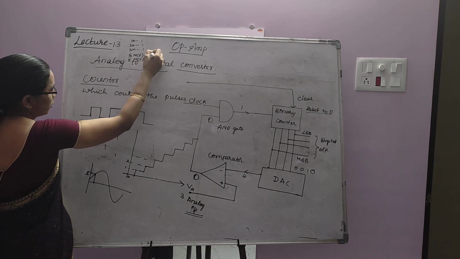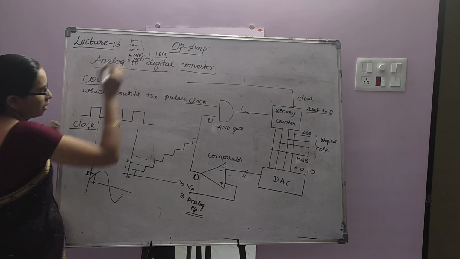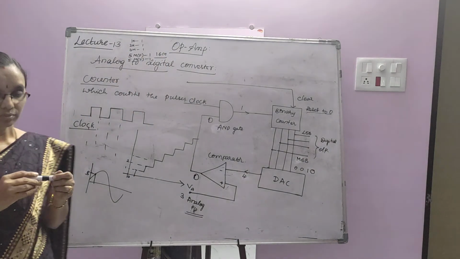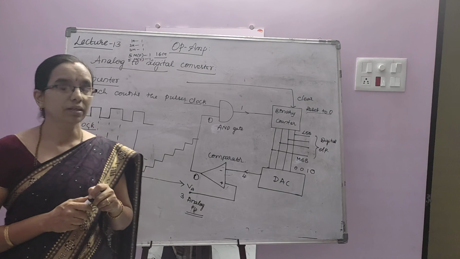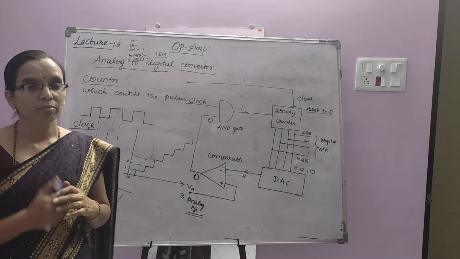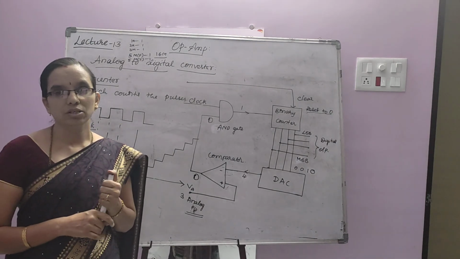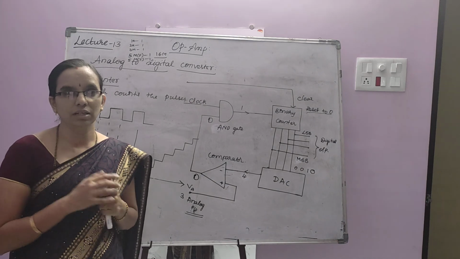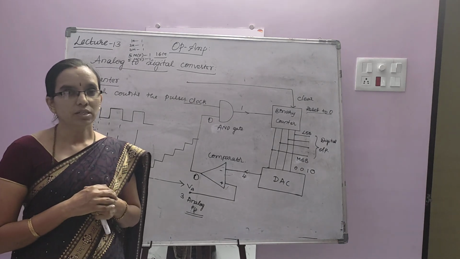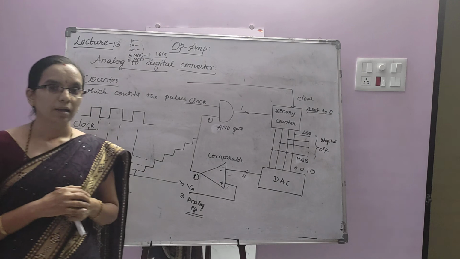So 10 plus 6, 16 marks of questions will be asked in the revised question paper, and from all the parts you will have one question each. So it's a very important chapter.